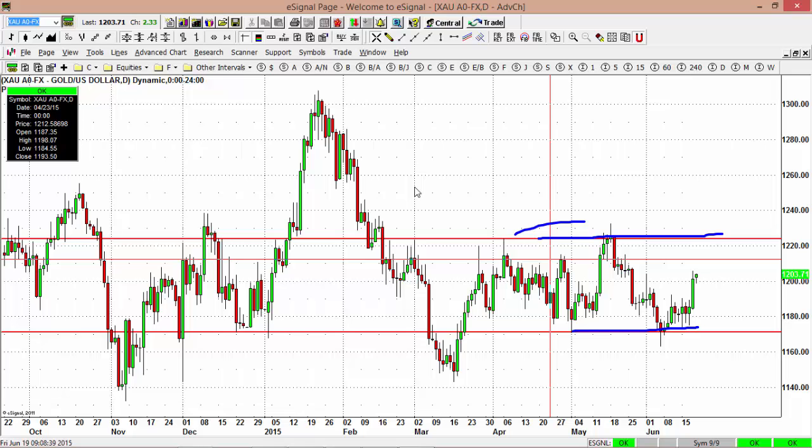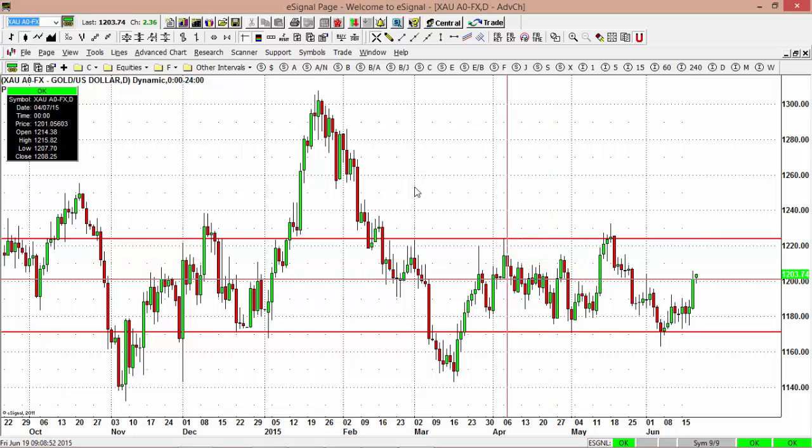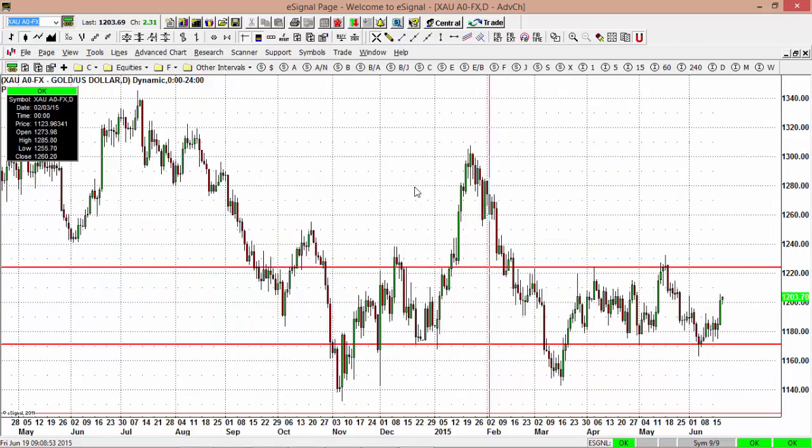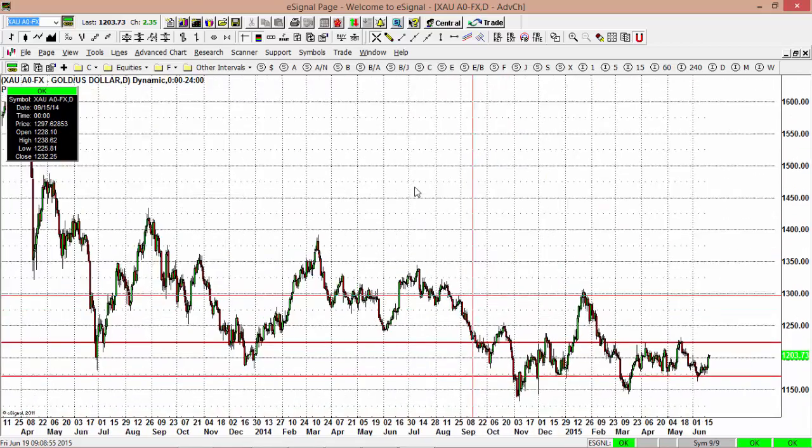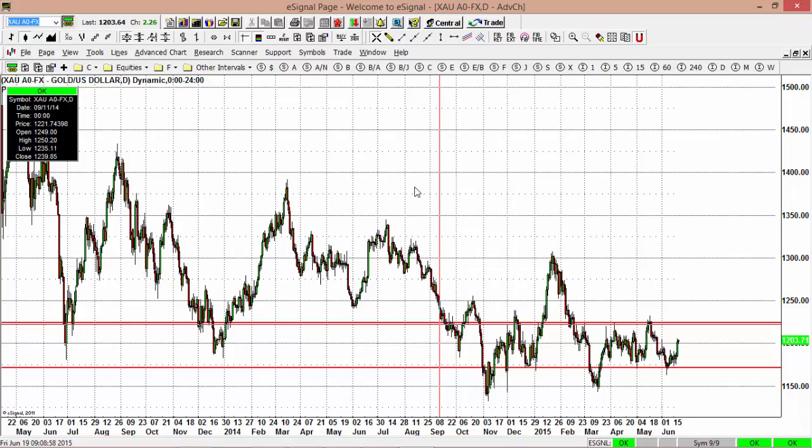and the bulls in gold should find some comfort in that the series of lower highs and lower lows seems to be abating in this gold market. And we see that the market made a new low, came up to a high. This low did not take out this low, which is the first sign of a reversal.